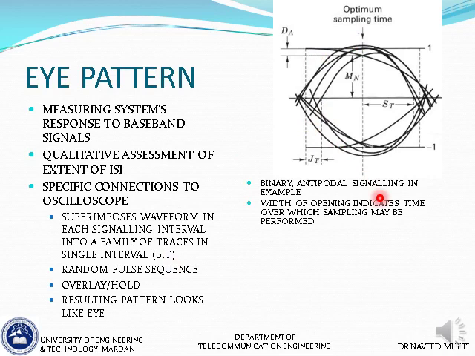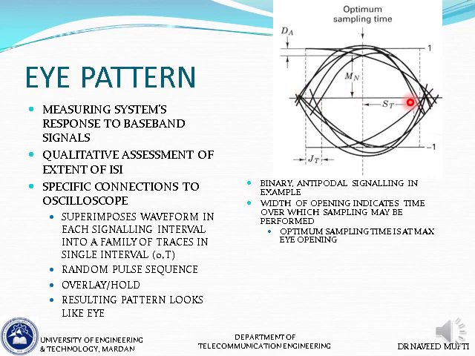The width of the opening indicates the time over which sampling may be performed. Here this is the width of the opening. It indicates the time over which the pulse may be sampled. If this is increasing in a signaling interval, the central open region is decreasing, so our effective sampling time is decreasing.